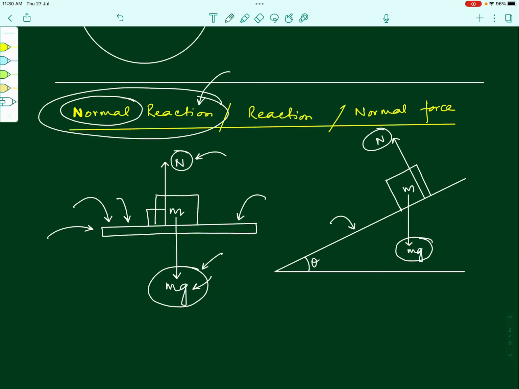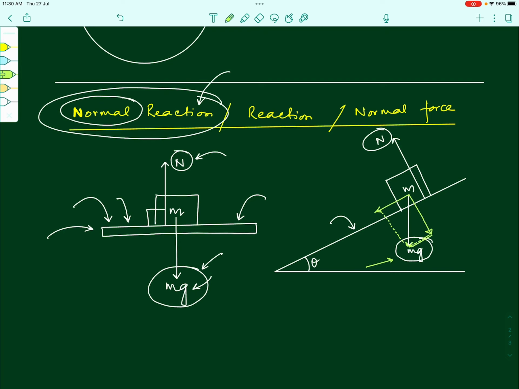I think we discussed this in the previous class also, but we can discuss it once again. If you look at this figure carefully, this force mg can be resolved into its two components. One component of mg we can take along the incline, by dropping a perpendicular from the mg force like this, and the other component perpendicular to the incline, which will be like this.